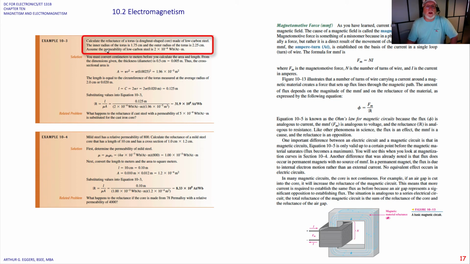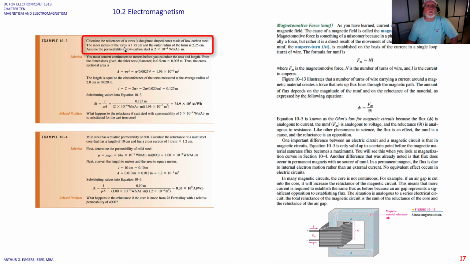So let's do some quick calculations here. Calculate the reluctance of a torus, which is a donut-shaped core, made of a low-carbon steel. The inner radius of the torus is 1 3/4 centimeters, and the outer radius of the torus is 2 1/4 centimeters.